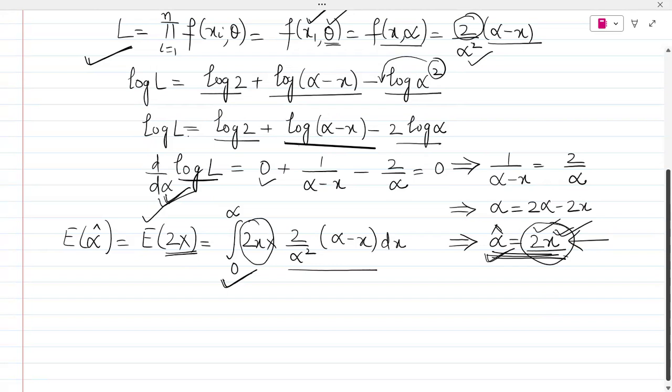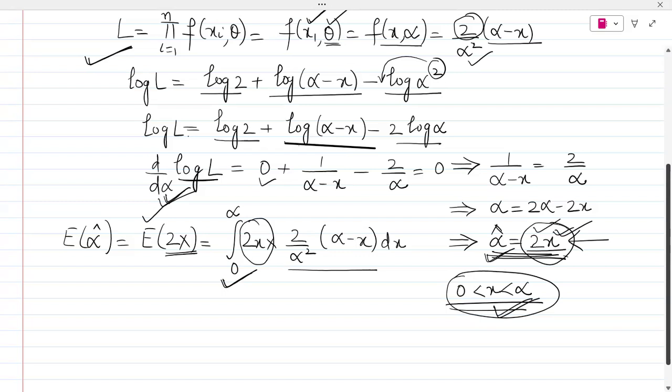Because here our random variable x is continuous. It is between 0 to alpha. It is not taking discrete or countable values; x is lying in some range or interval. So obviously our random variable is continuous, and if our random variable is continuous, then we use integration.